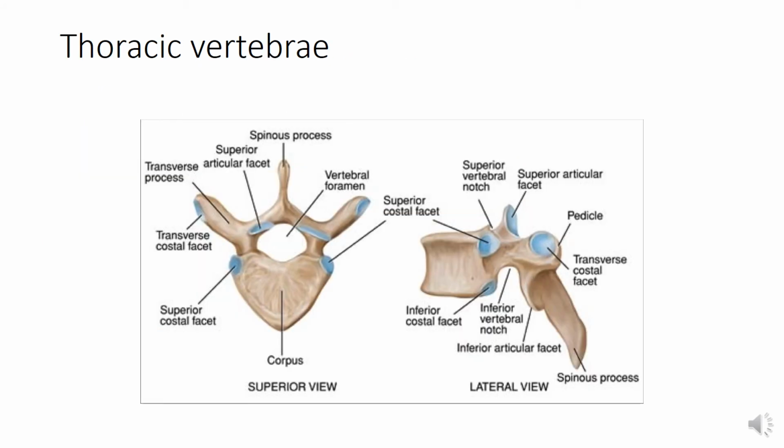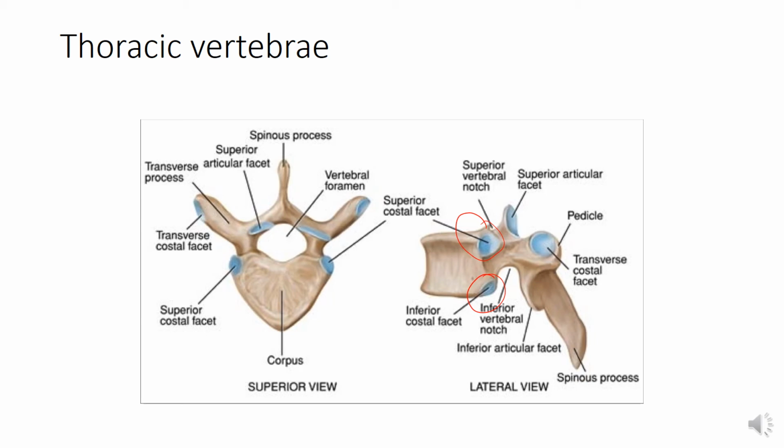The 12 thoracic vertebrae are larger than the cervical vertebrae because this section of the vertebral column has to support more body weight. The bodies and the transverse process have facets for articulation with the ribs. The important point is the presence of facets on the body, for articulation with the ribs.